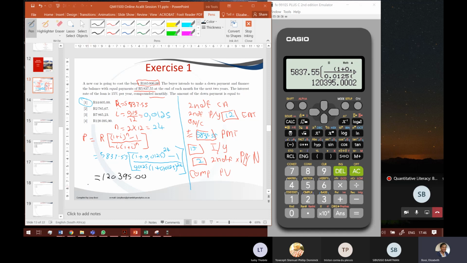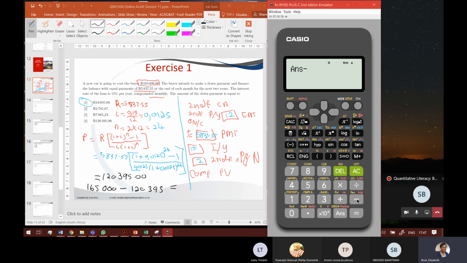So you will say 165,000 minus 120,395. And when you press equal, my answer will be in the negative. It's fine. I will remember that my answer is in the negative because I'm starting with a smaller value.